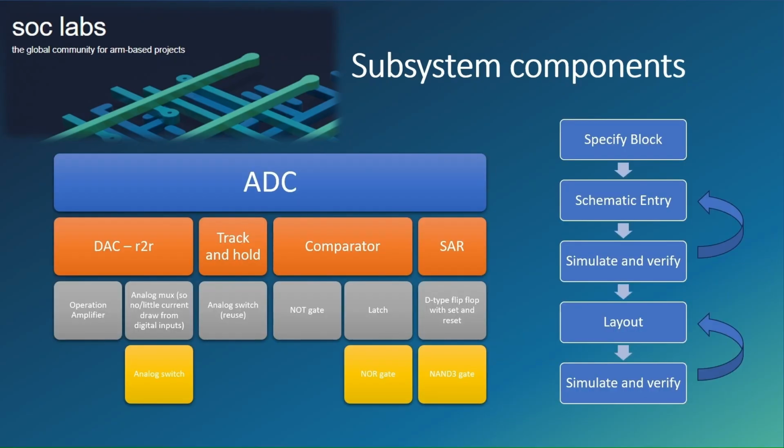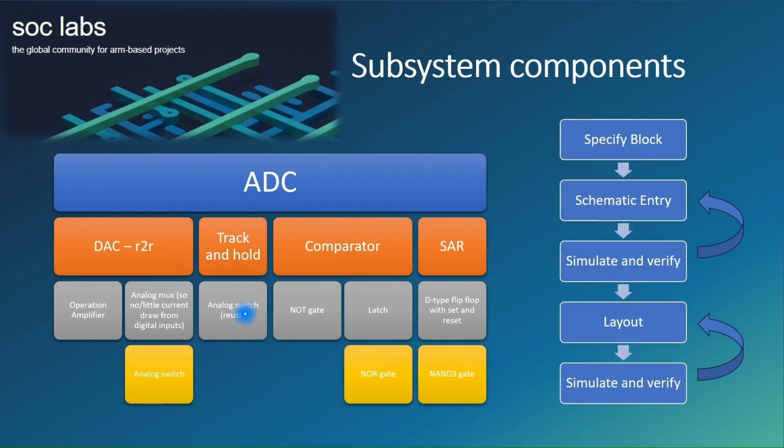In terms of the blocks and the design flow, we've separated this out into the full ADC, the internal DAC, where we've chosen R2R just because, again, conceptually it's quite a simple design, track and hold, comparator, and then the approximation register. In this, there are things that are reused.